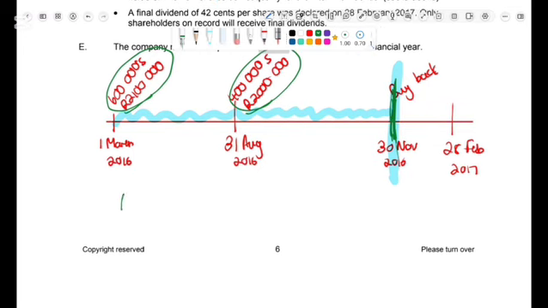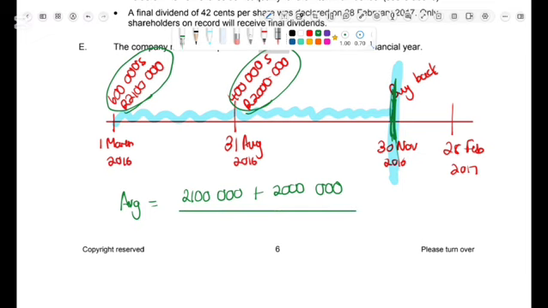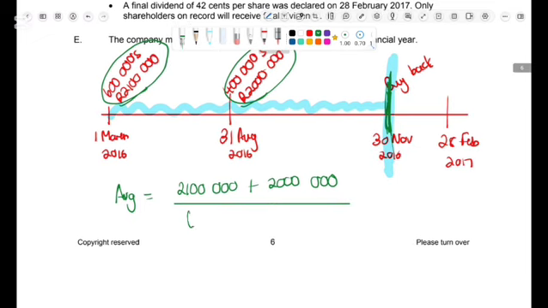So now how do I find the average price? I take my rand amounts for both the shares, they'll be on top: 2,100,000 plus 2 million. Then at the bottom, I'd have my shares, so the 600,000 shares plus the 400,000 shares, right?